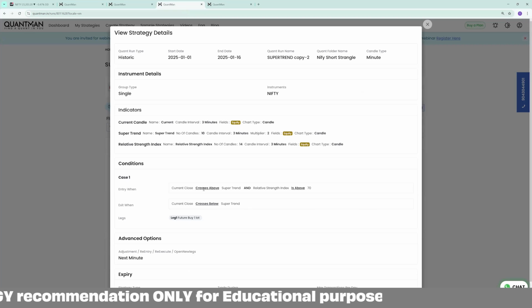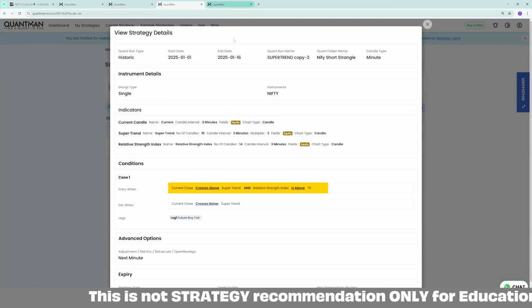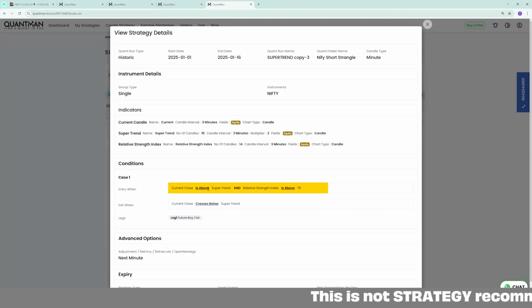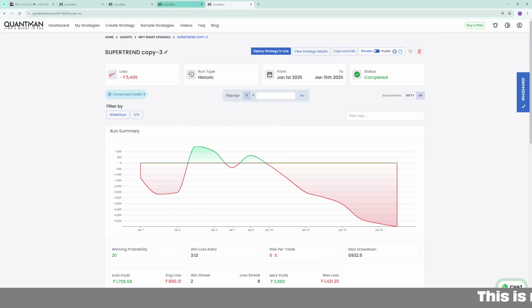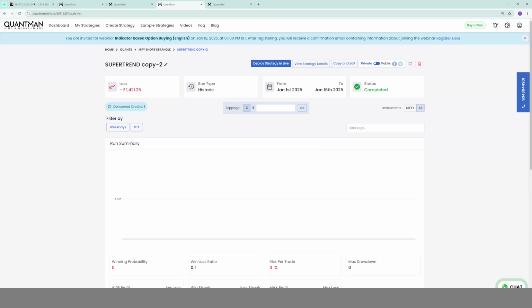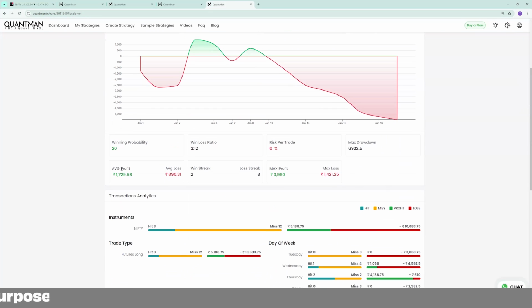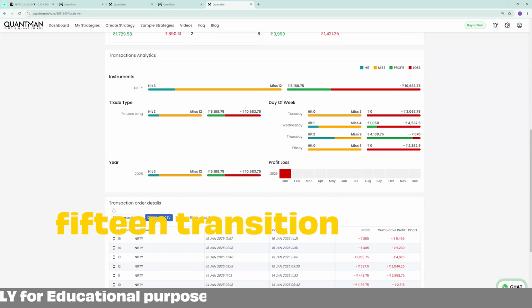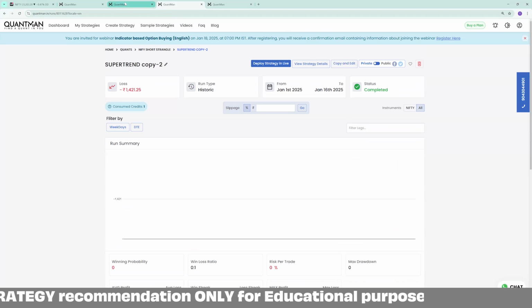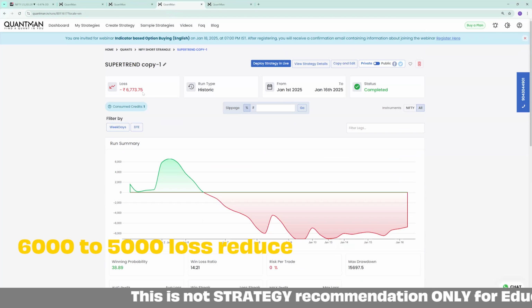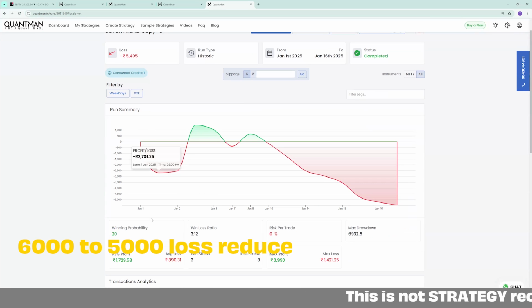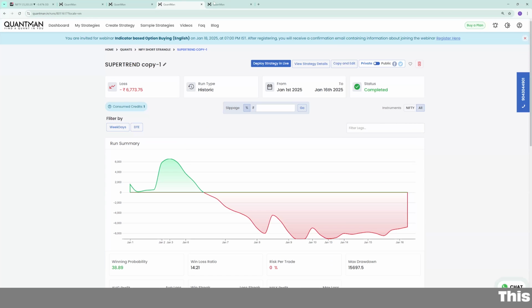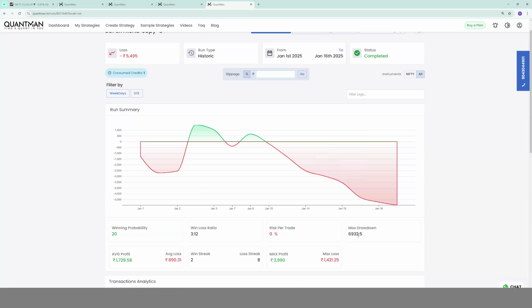This strategy is crosses above, this strategy is above. You need to understand the difference. Based on is above, we have 15 transactions. So our losses are reduced, from 6,000 to 5,000. Trade count reduced, drawdown reduced. Okay, we need to improve even more.